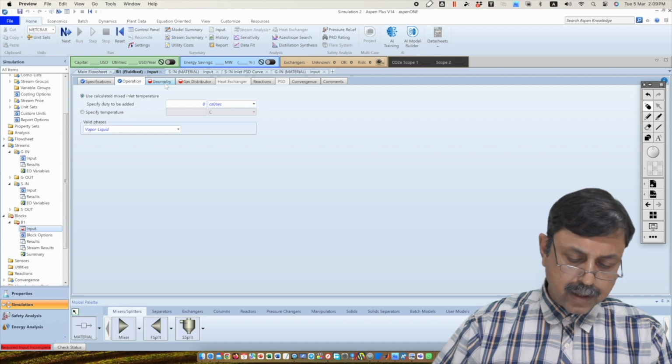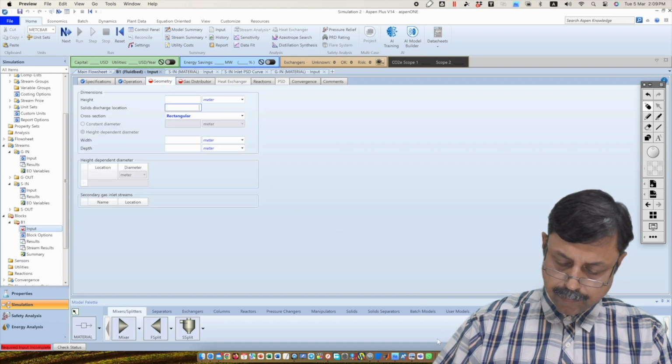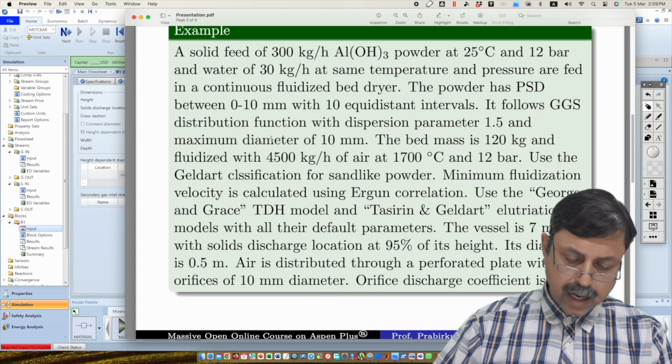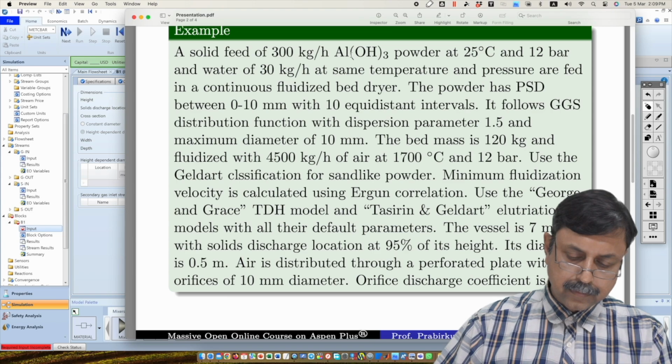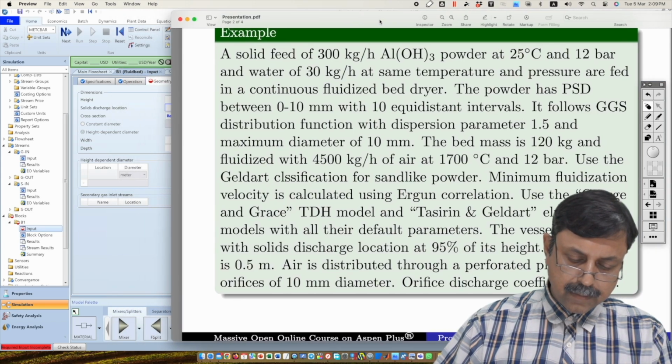So this is important. We have some information about the height and the cross section.